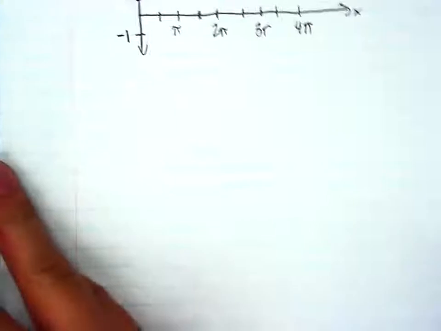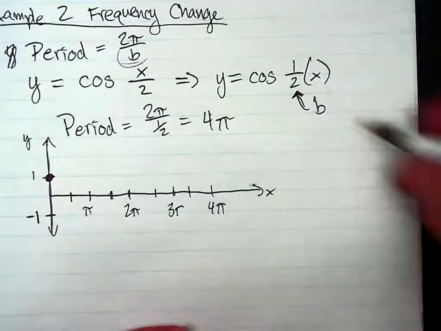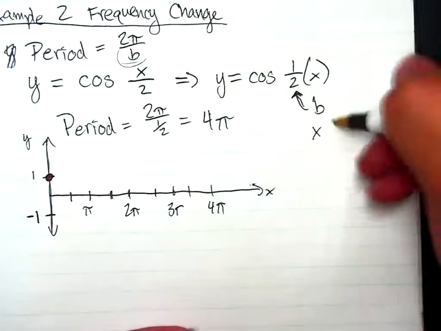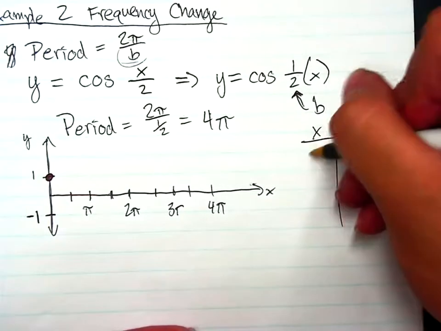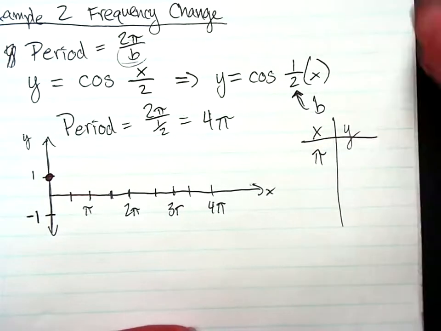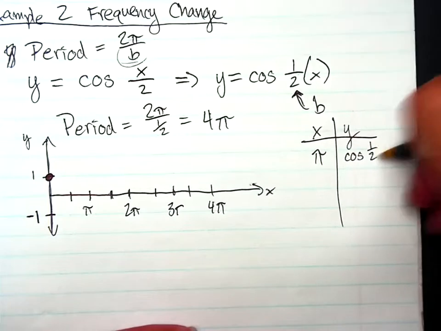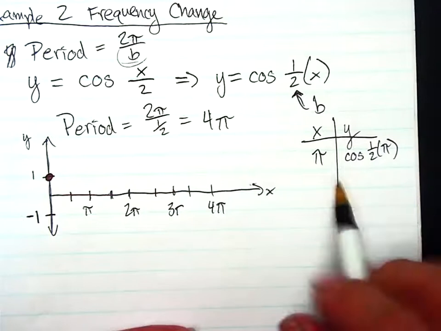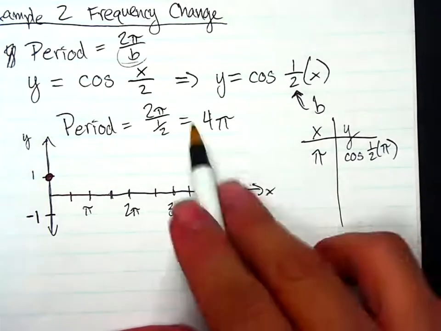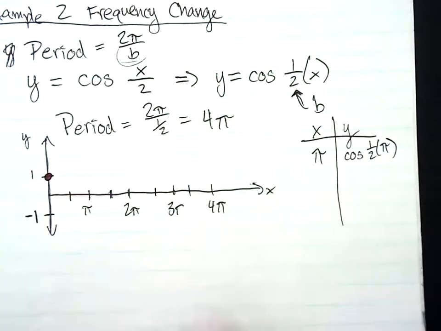because what's happening is that if I were to create kind of like an xy table for this one, x, y, and I were to plug in pi, this one would become cosine of 1/2 pi. This becomes my new cosine pi over 2 because my period now stretches all the way to 4 pi.